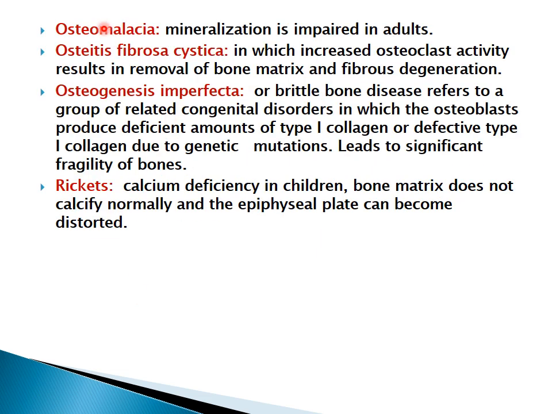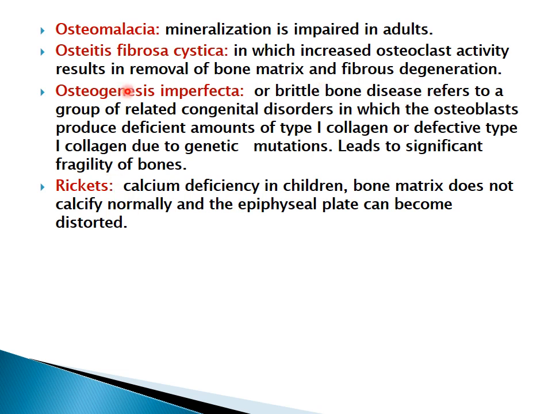Then another term used is osteomalacia. Osteomalacia is when the mineralization is impaired in adults. Then osteitis fibrosa cystica, in which increased osteoclast activity results in the removal of the bone matrix and fibrous degeneration.